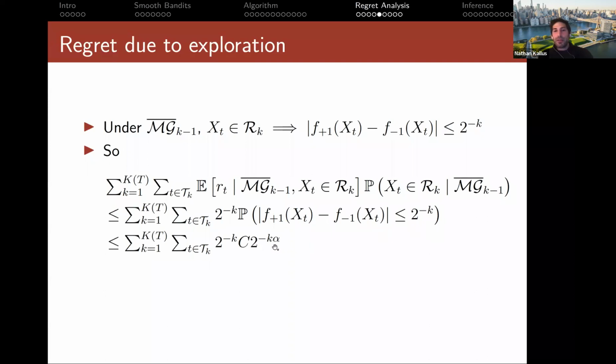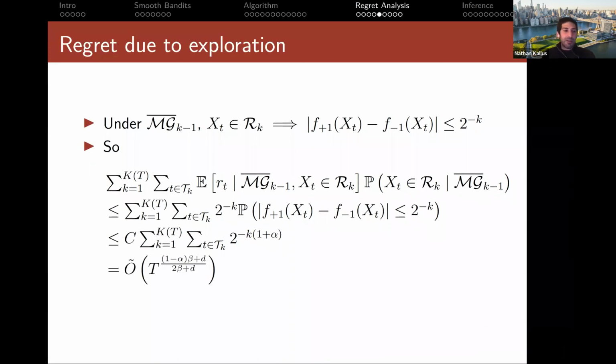So we can upper bound it by 2 to the minus k to the power alpha. And once we compute what this sum is, we can find out that this is going to be some polynomial in capital T. So I'll come back to exactly what this polynomial is and what this exponent is, but let's just remember for now that this term, the regret due to exploration, just gave us some polynomial in T up to some additional polylogs. So it's O tilde of T to some power.